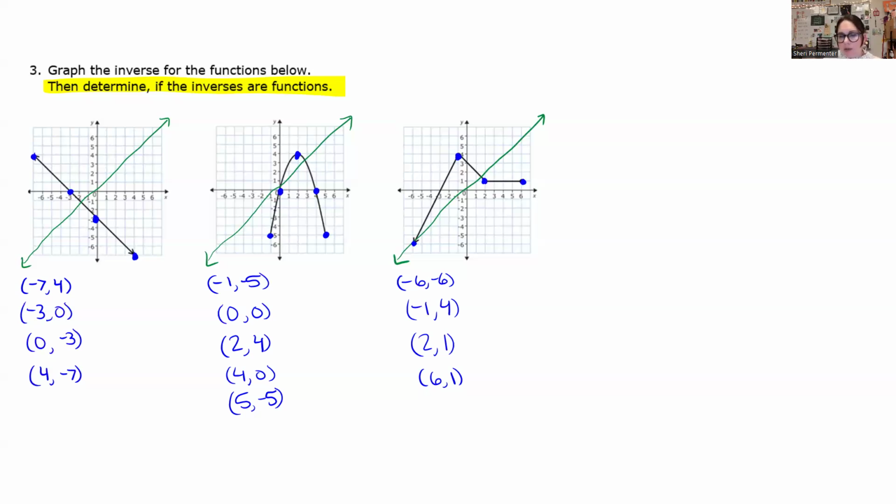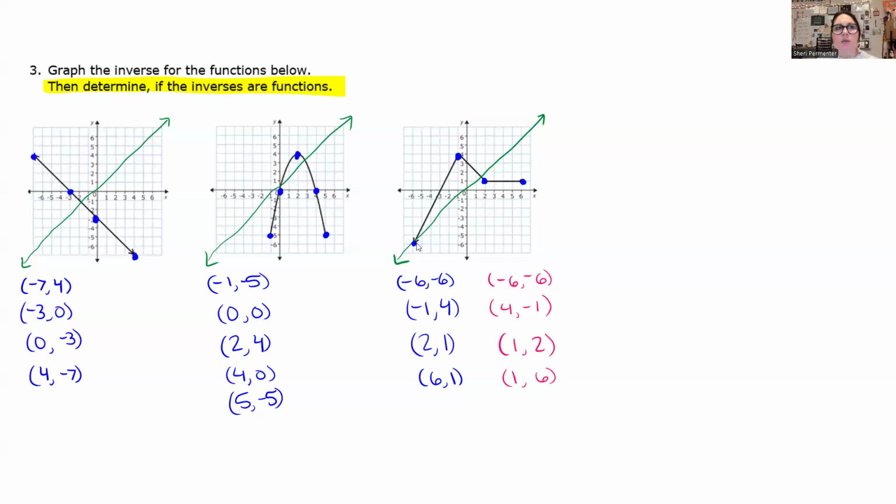If I switch X and Y, my first point is going to be the same. My second point, 4, -1, 1, 2, and 1, 6. Everybody see what I did there? Here's my function. This is my inverse.